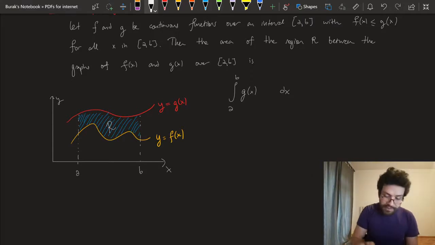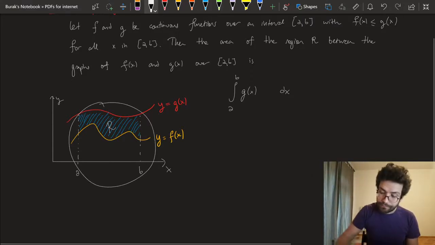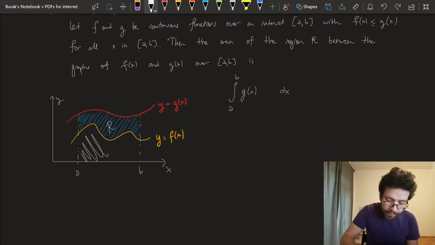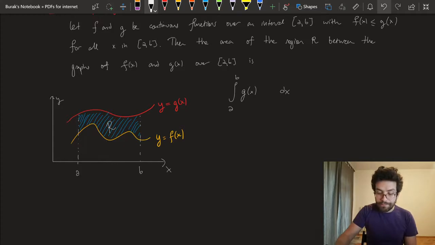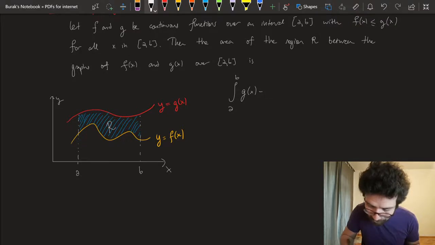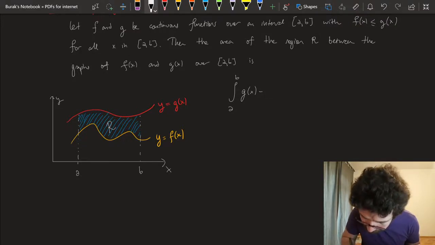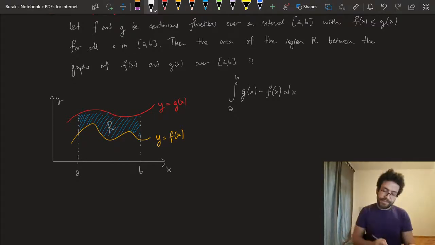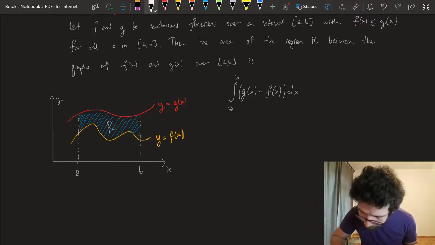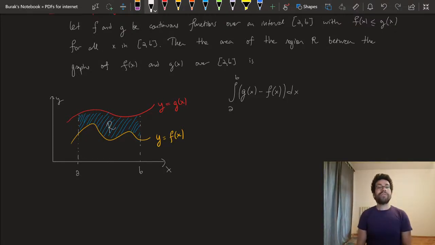Okay, so this gives me this whole area. But I want to get rid of the area of this region. Well, the area of that region is the definite integral of f over [a, b]. So if I take this difference and integrate that difference, that should give me the area of this region R.